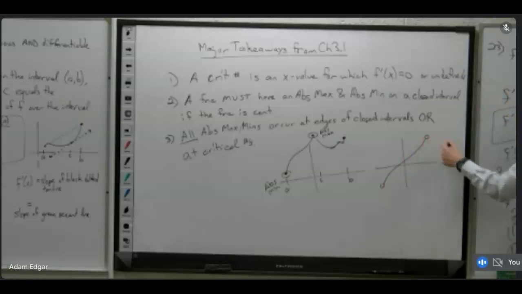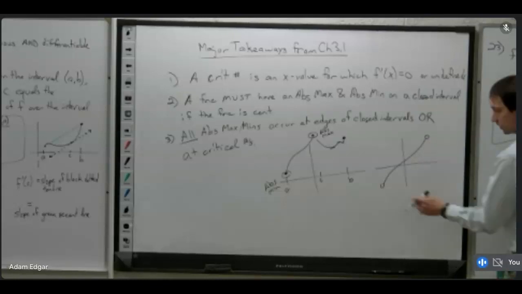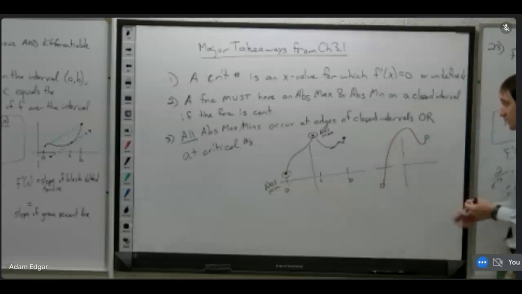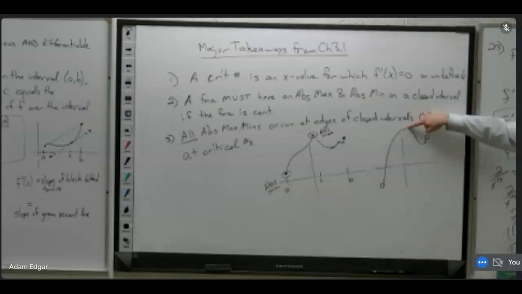So this is not a closed interval, and so you're not guaranteed to have an absolute maximum or minimum. Now you might, if we draw the curve a little bit differently. Now it has an absolute maximum, but it still has no absolute minimum the way I drew it. So the point of the theorem is that it provides guarantees as long as the conditions are met.